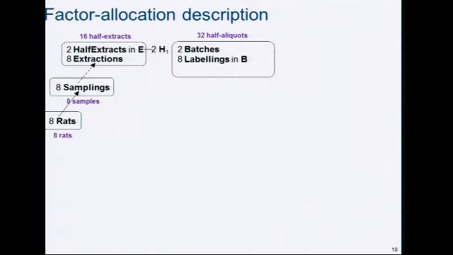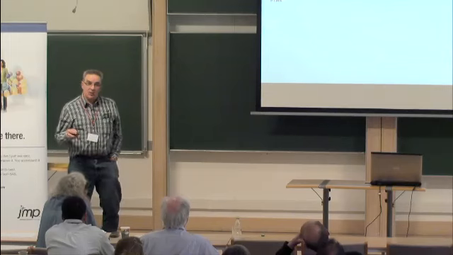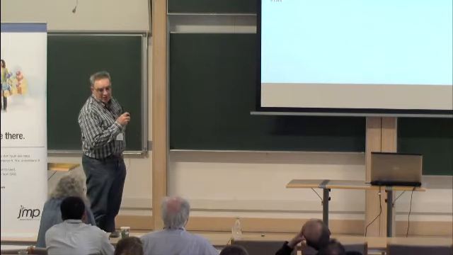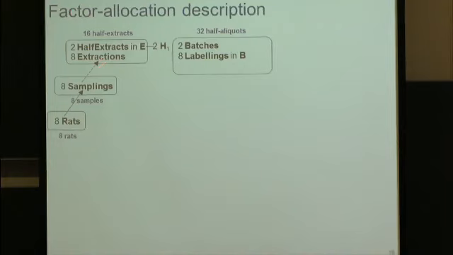So what I'm going to do is introduce a pseudo factor that I've called H1, H for half extracts, so it labels the half extracts. It's a two-level factor, and what we do is we give one of the half extracts from each of the extractions level 1, ideally at random, and then the other half extract from an extraction gets level 2.